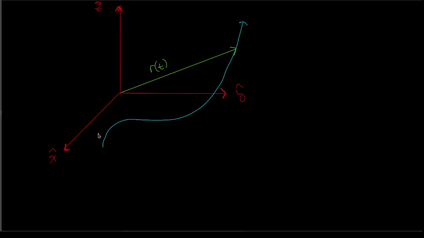And what we want to look at is what happens as we move from t equals a to t equals b, and we partition this into segments.